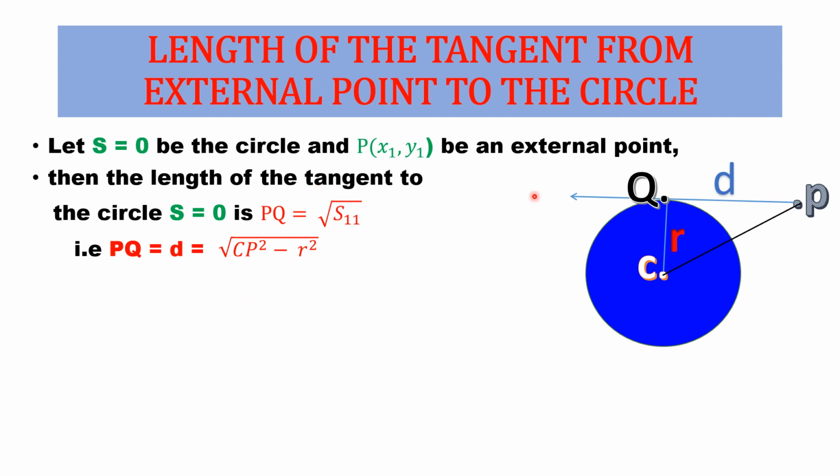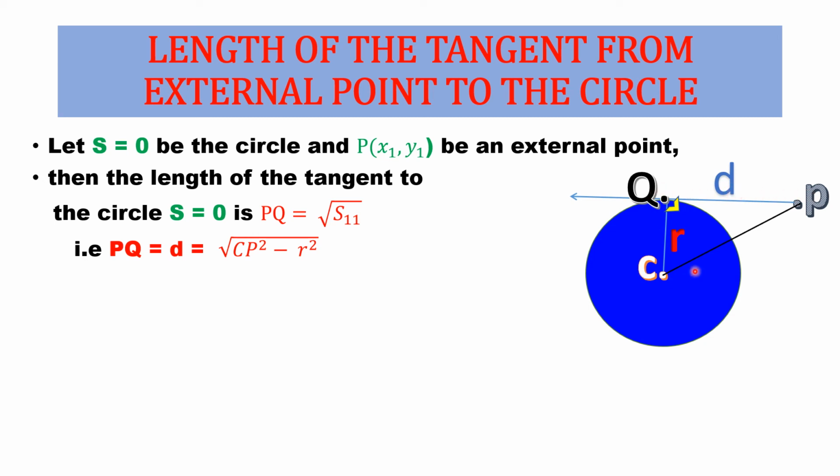So here we observe that in the diagram CPQ is a right angle triangle. Here the angle between tangent and CQ is 90 degrees. Here we get the distance D that equals PQ. Now this is one of the sides.